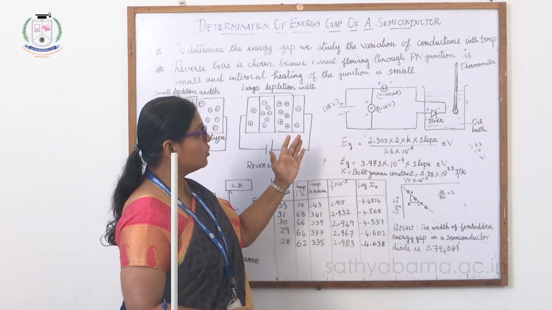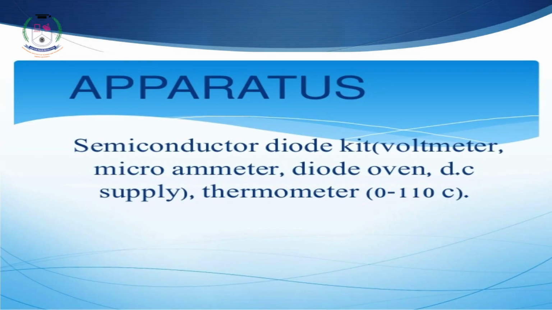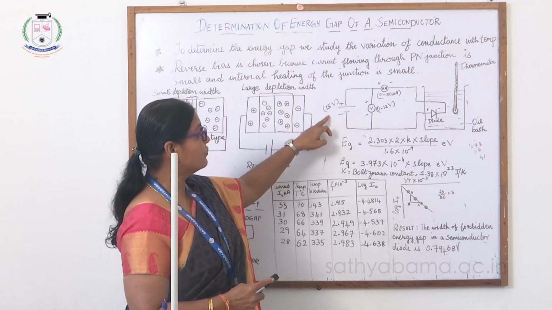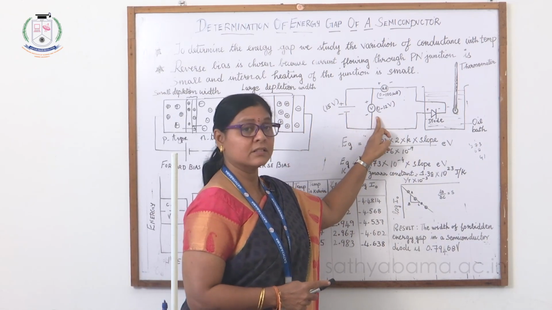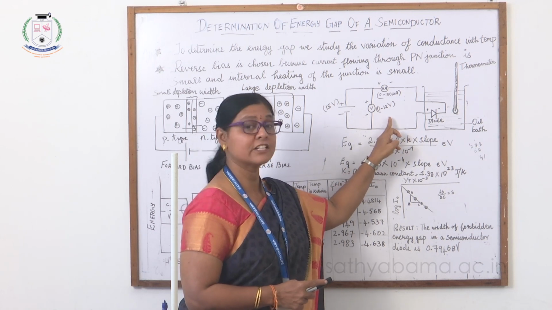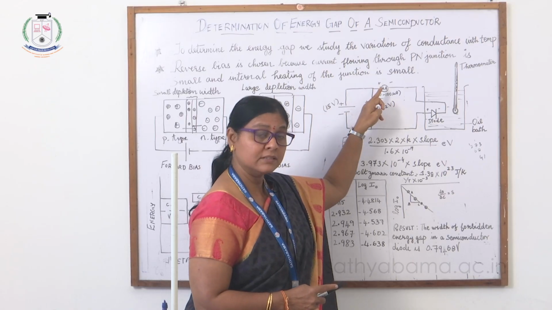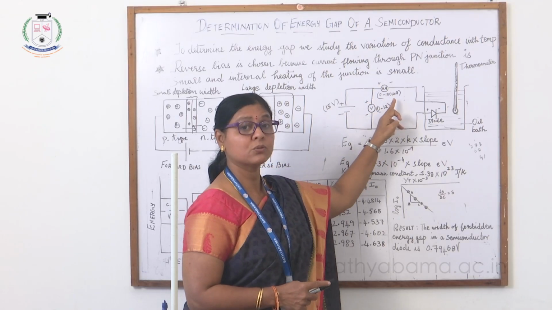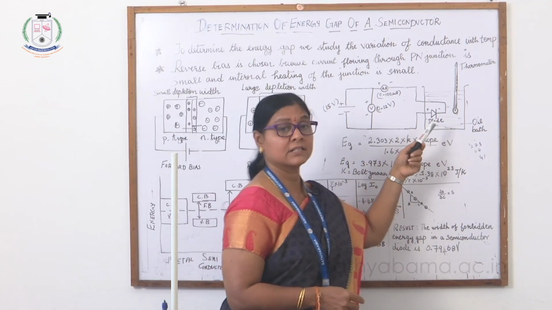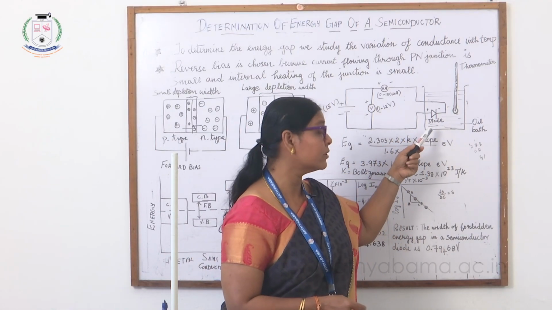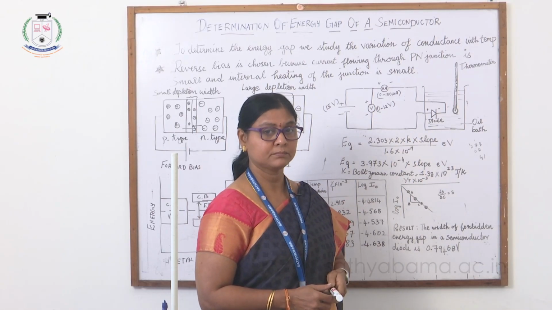Now you can observe in my diagram the apparatus that I need: a 15 volt battery, a voltmeter having a range from 0 to 12 volts, a microammeter having a range from 0 to 100 microamps, and my semiconductor diode, which I am going to place in reverse bias mode.